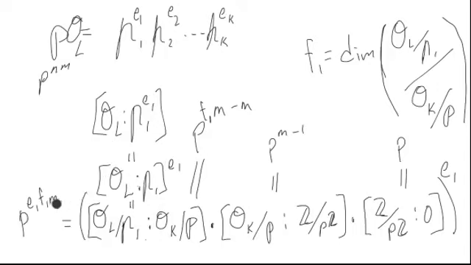Let's define what we mean by f1. f1 will simply be the dimension of this as an O_K over P vector space.